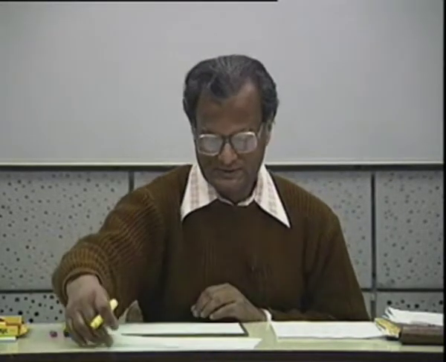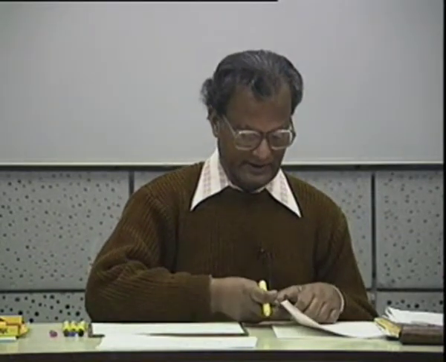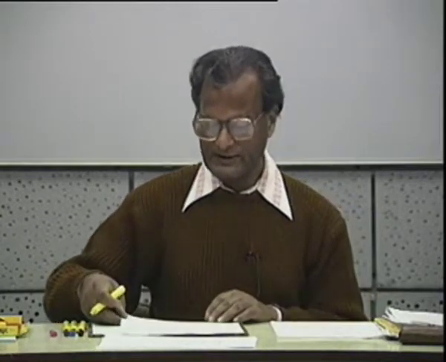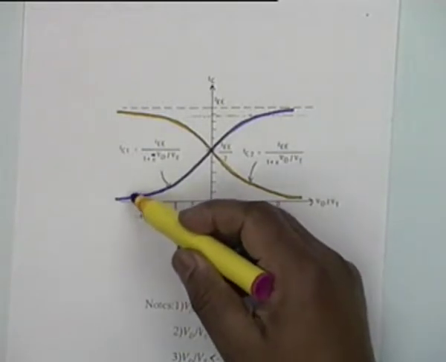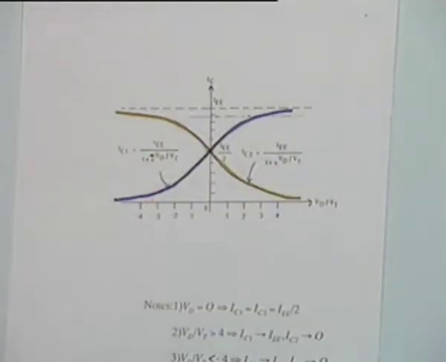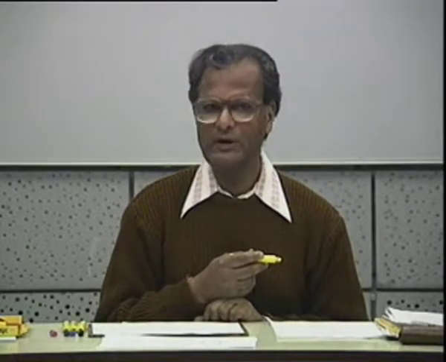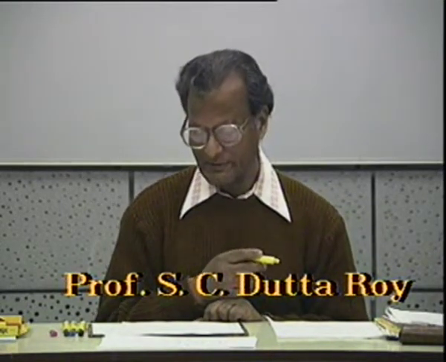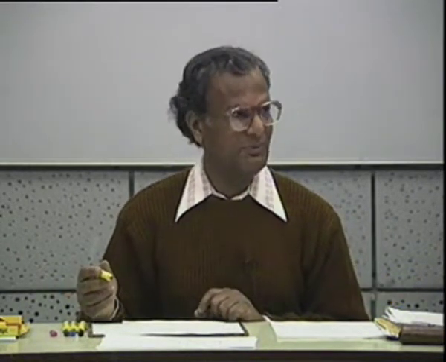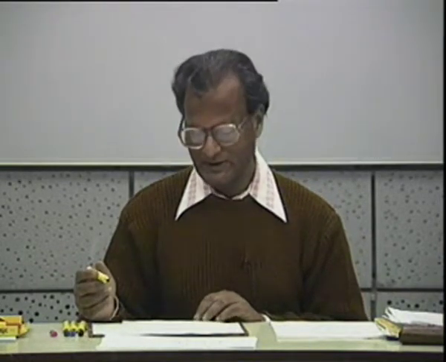In the process we found out that the two currents IC1 and IC2 vary exponentially like this, that is when one is negligible the other is almost full, and therefore there is a possibility of switching from one state to another, and I commented that this forms the basis of utilization of the emitter coupled pair, ECP, in ECL, that is emitter coupled logic.